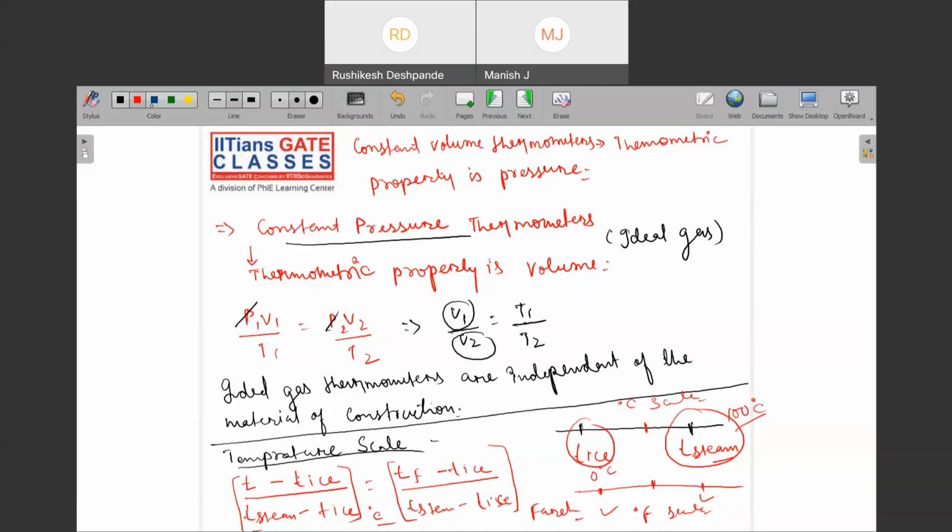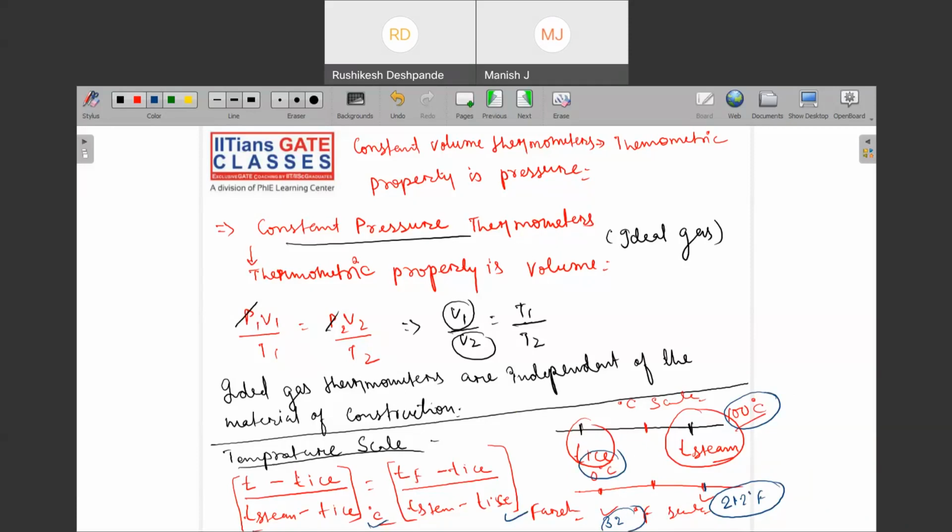And in Fahrenheit scale, we have ice point at 32 degrees Fahrenheit and steam point at 212 degrees Fahrenheit. Using this convention, you can develop a relation between degree centigrade scale and Fahrenheit scale, and using this relation we can identify the relationship between any of the given scales.